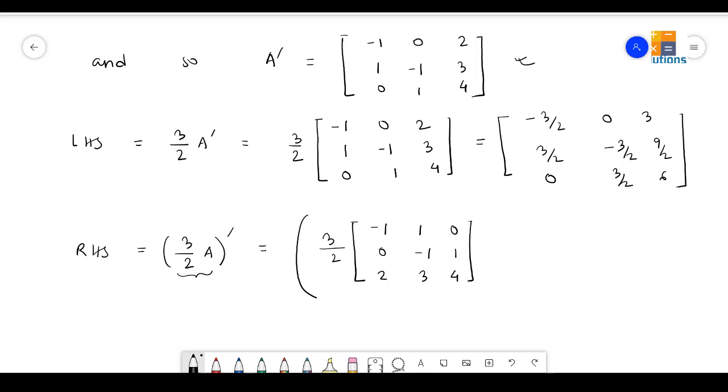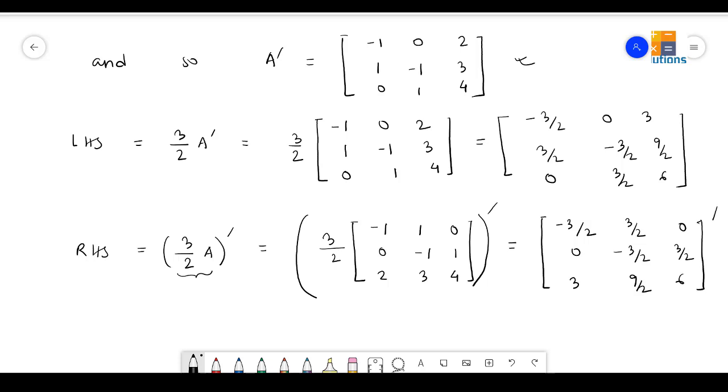This is the result for A, and again its transpose I have to find out. Let us check what result we get after scalar multiplication of this matrix with 3 by 2. 3 by 2 will be multiplied to each and every element of this matrix. So -3 by 2, 3 by 2, 0, then 0, -3 by 2, 3 by 2, then 3, 9 by 2, 6.